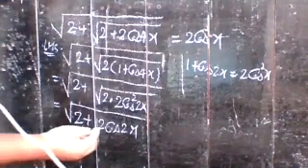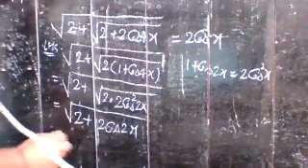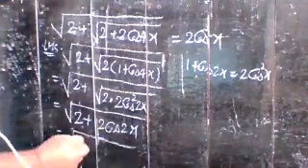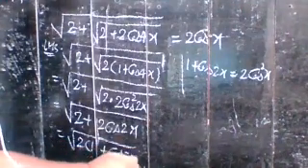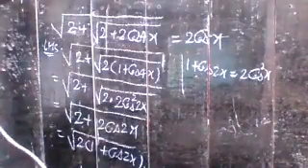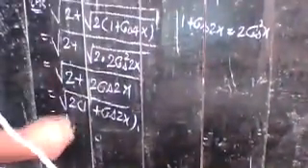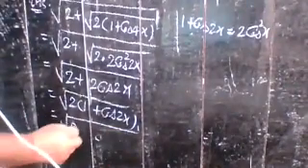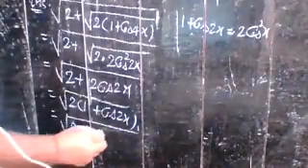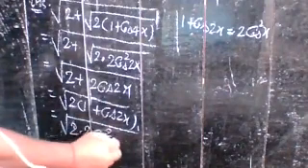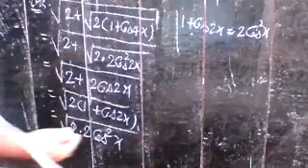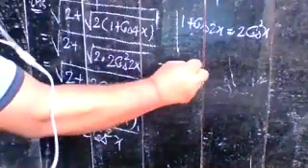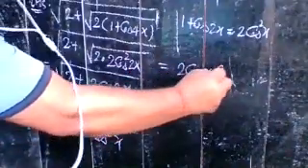Now taking 2 common again and applying the same identity, that becomes 2 into 2 cos square x, cos square half of the angle. So that can be written as 2 cos x, which is your right side.